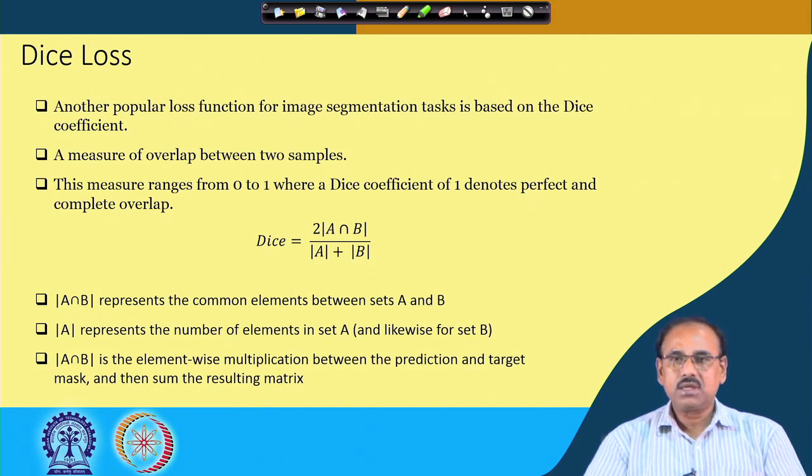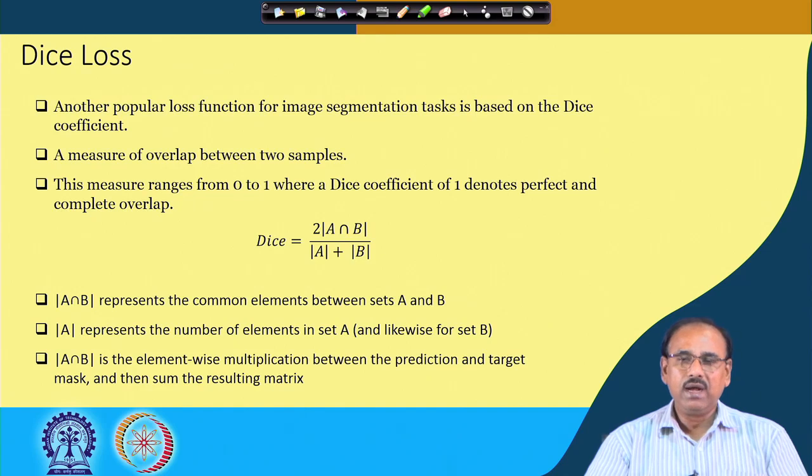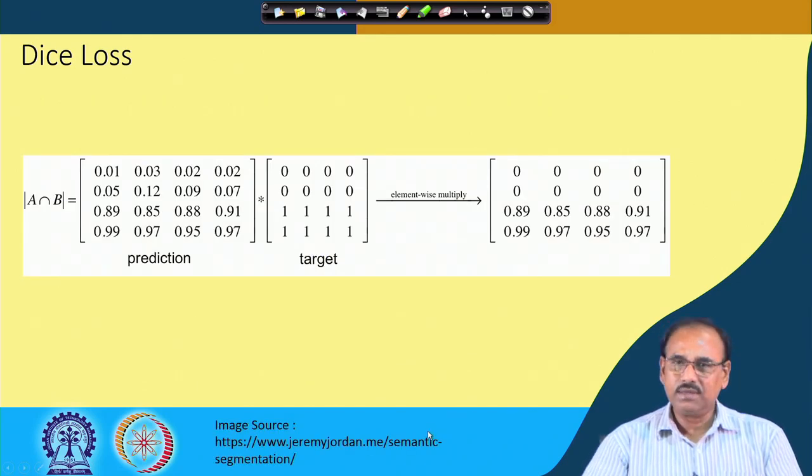So, using this concept, we can try to define a loss function. In order to find out A intersection B, you can multiply the two different arrays, one being your target array and the other the actual array in the same category plane, and you multiply these two to get the intersection of A and B. That is what has been shown here.